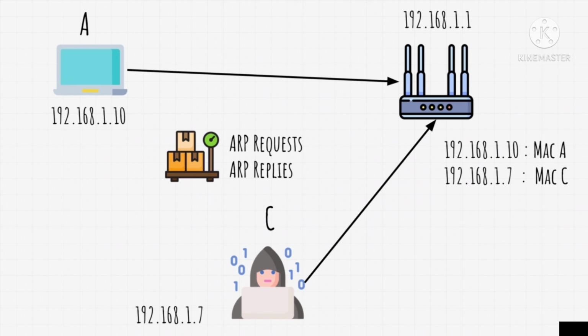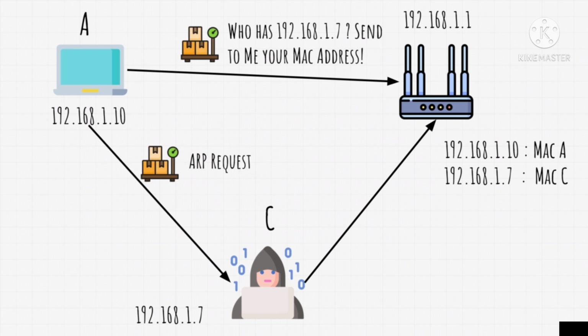Request would look something like this. Let's say machine A wants to communicate with our Kali Linux machine. To do that, it must know our MAC address, so it sends the ARP request to the broadcast address, which simply means every machine on the network will get that ARP request.